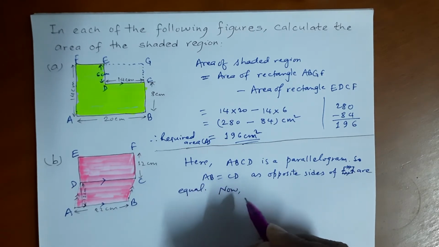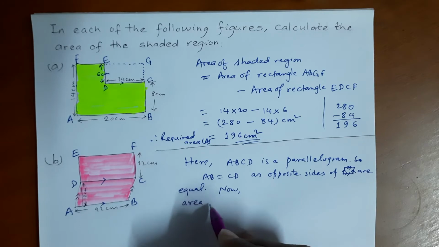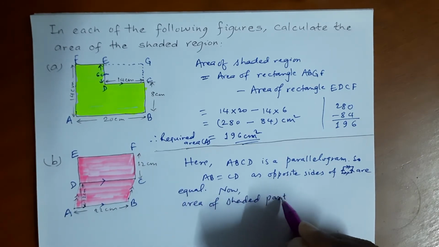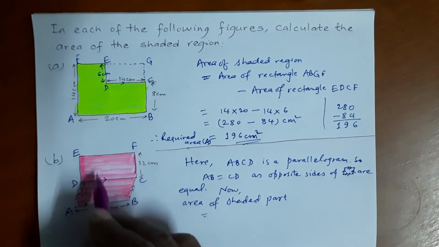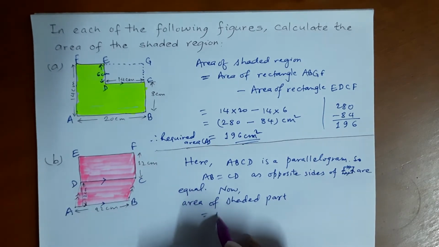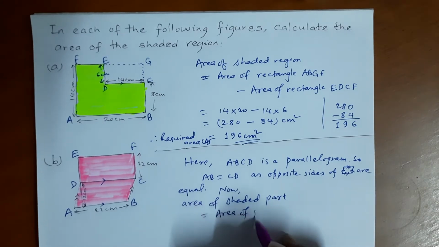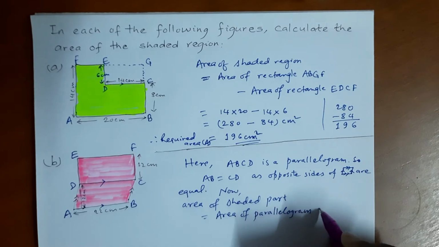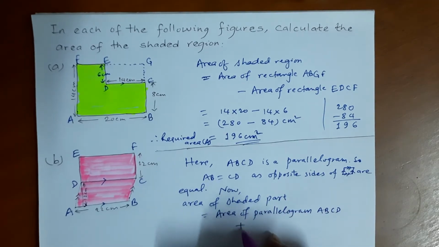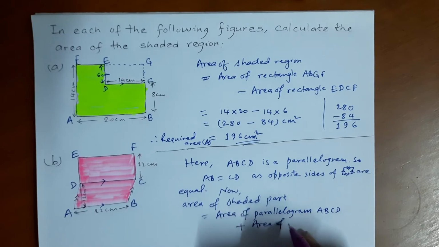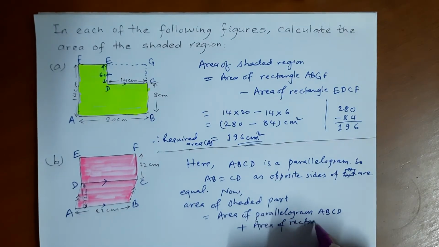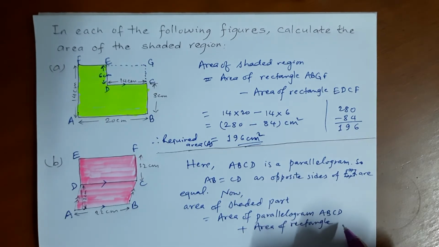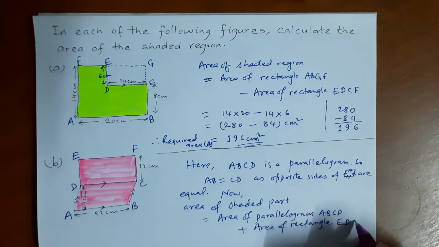Now the area of the shaded part, which is the combination of the parallelogram and the rectangle, equals the area of parallelogram ABCD plus the area of rectangle EDCF.